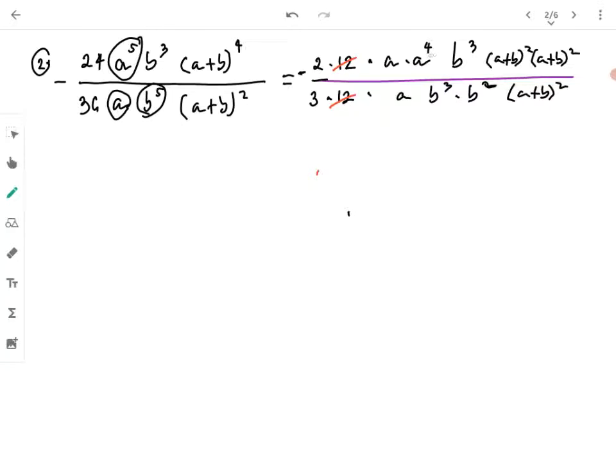That's 1, that is also 1, that is also 1, that is also 1. So we are left with, in our numerator, 2 a raised to 4 times a plus b squared, and in our denominator, we have 3 b squared.